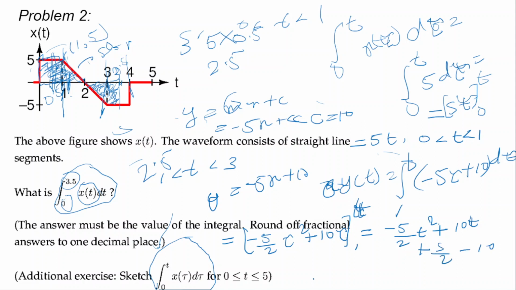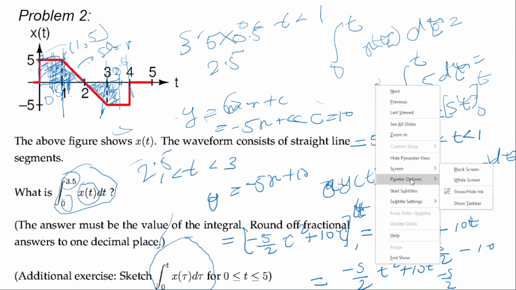So the final equation will become minus 5 by 2 t square plus 10t minus 5 by 2. Okay, so we can verify at t equals 1, the value of this will be 5. So we can say this function is continuous. Let's erase this top part.